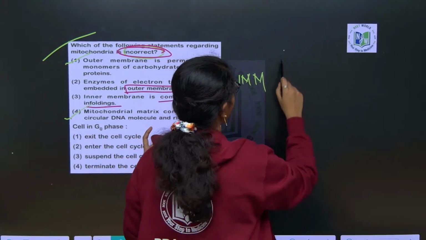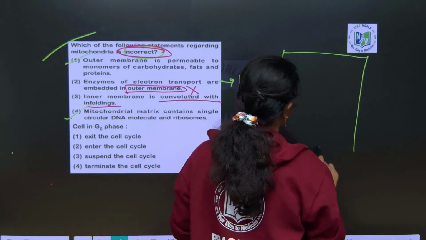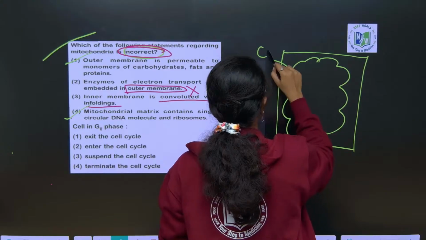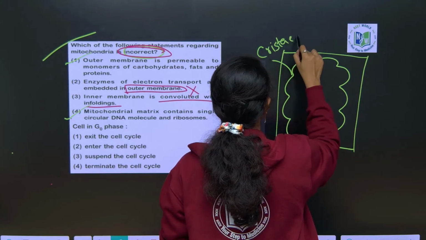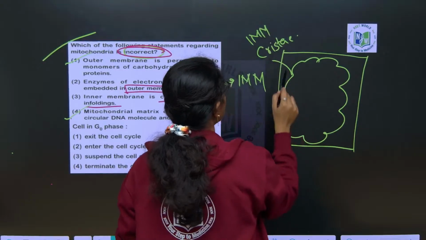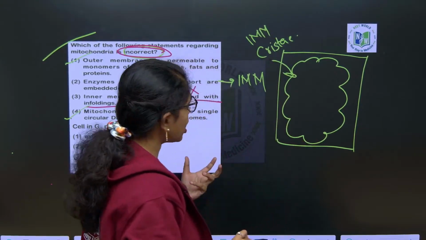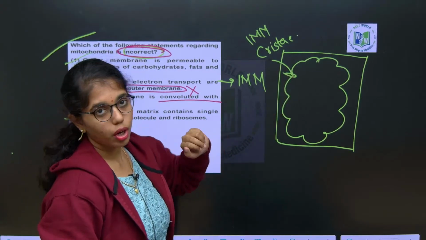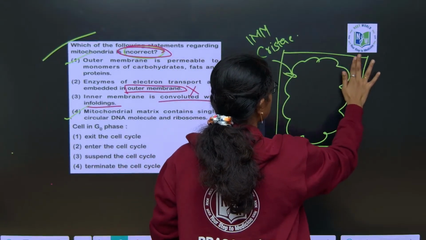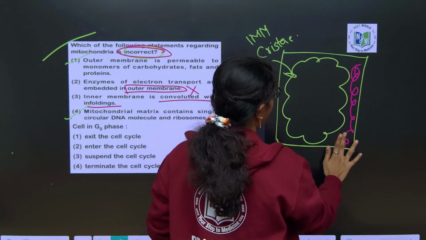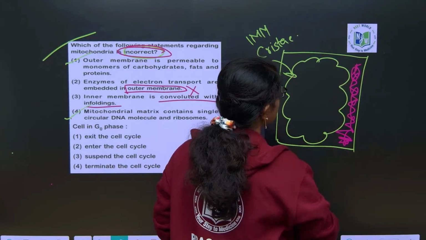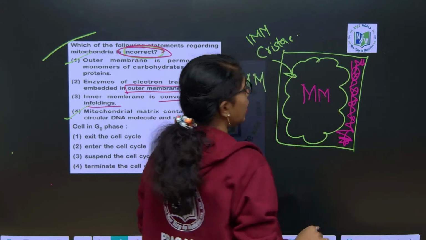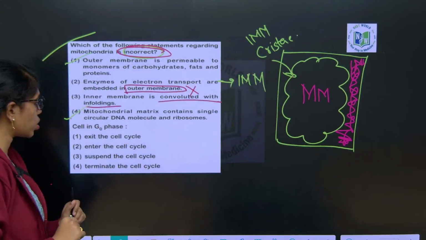Let us recall the mitochondria structure, wherein outer mitochondrial membrane is completely permeable, inner mitochondrial membrane has enfoldings called cristae, and all the electron carriers, protein complexes and transporting molecules necessary for electron transport are present in inner mitochondrial membrane. And this space is called intermembrane space, and inside it is mitochondrial matrix. Clear? This is the structure of mitochondria.